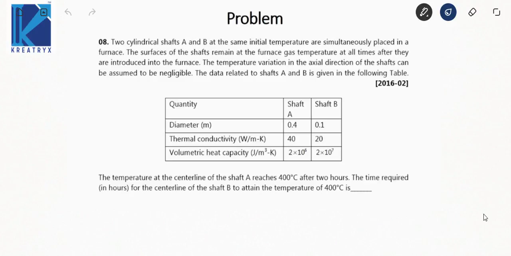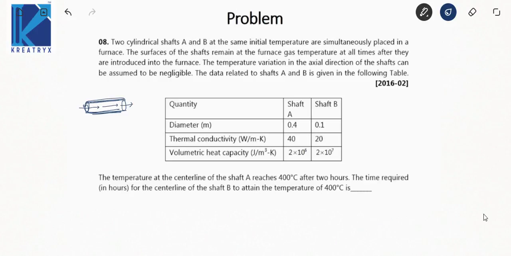Okay, let this be a shaft. It says that the surface temperature is equal to the furnace gas temperature at all times. The temperature variation in the axial direction of the shafts can be assumed to be negligible.